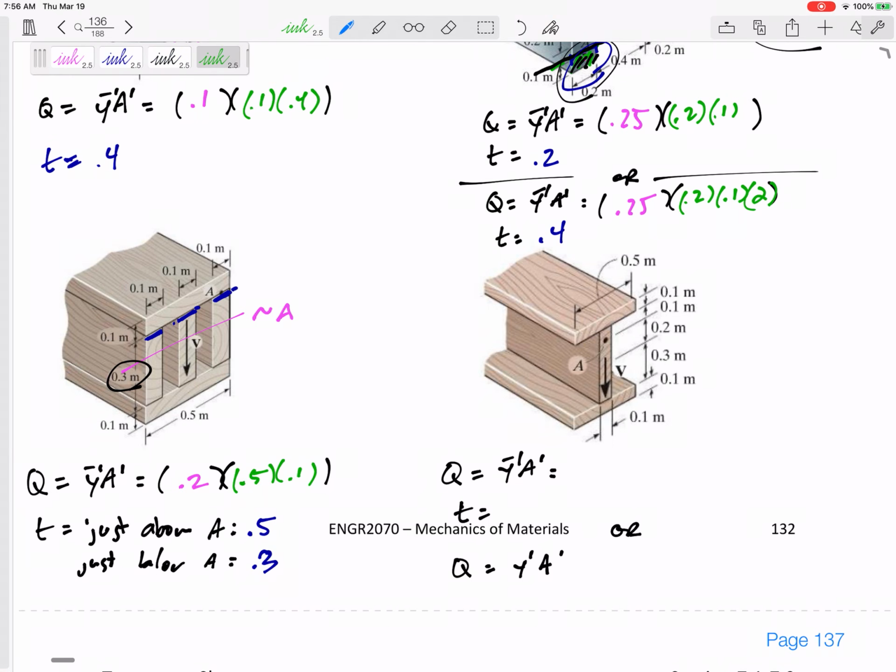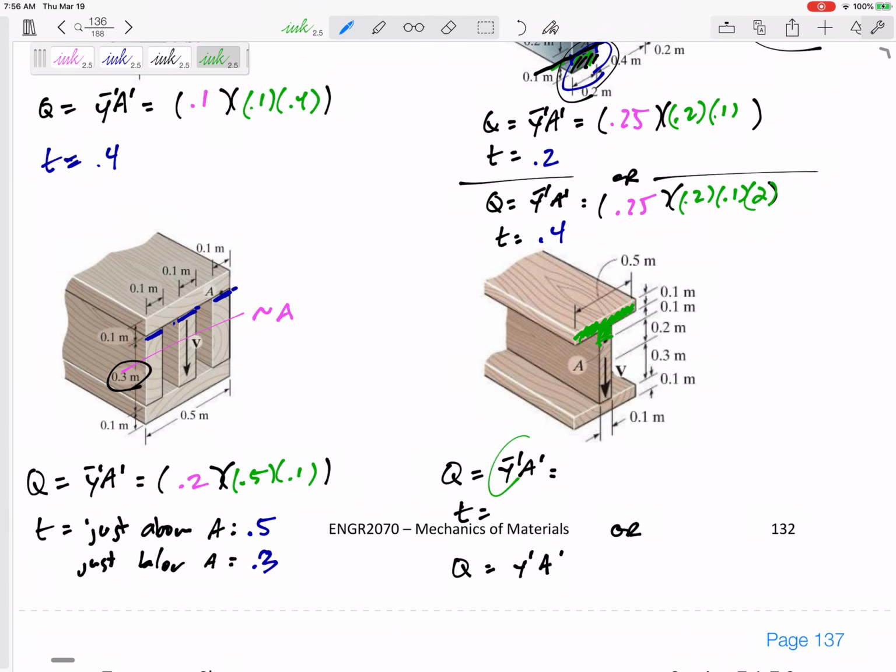What is A prime? A prime would be this area right here. It's kind of a T right here. This area right here, which is a T. I could find that not too difficult.